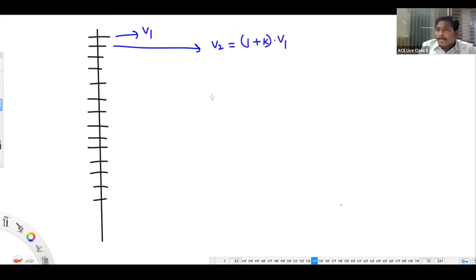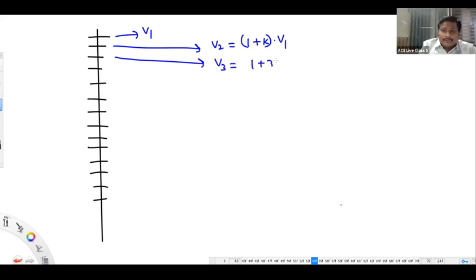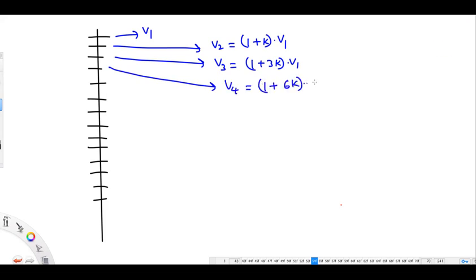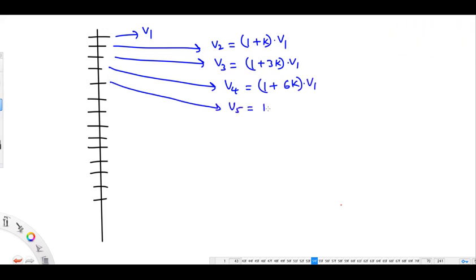Third disk 1 plus 3k into V1. So k is added for 1 plus k, 2k is added for 1 plus 3k. What's the next one? 1 plus 6k. What's the next one? 1 plus 10k.